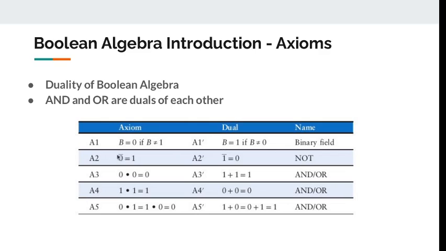So the complement of 0 is 1, and the complement of 1 is 0. We have definitions for 0 and 0, and for 1 or 1. Again, we always have this duality: definitions and theorems for AND, and different definitions and theorems for OR.